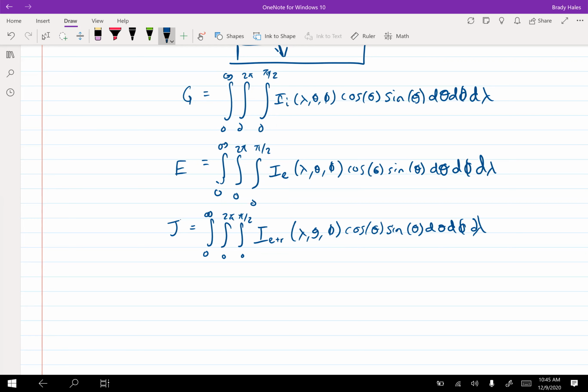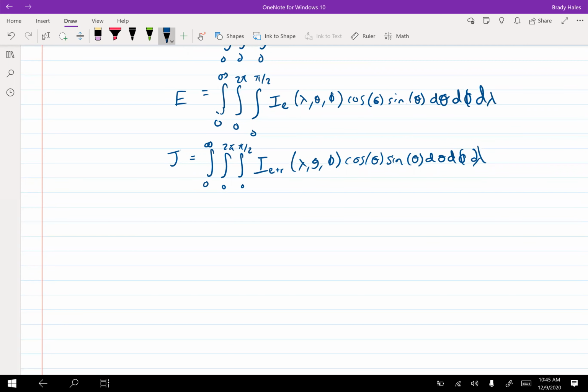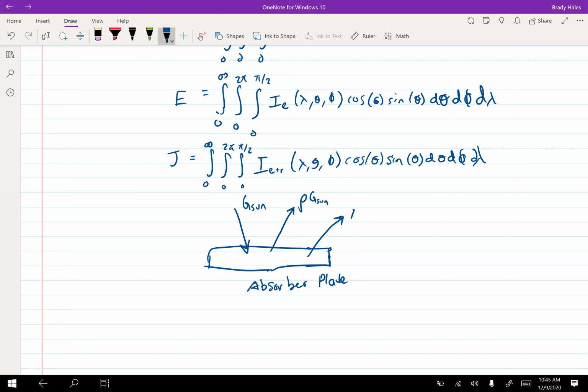Radiosity is a combination of, if you had your absorber plate here, some G sun hitting it, some reflected G sun, and you also have some emission. So the radiosity is just a combination of these two terms.